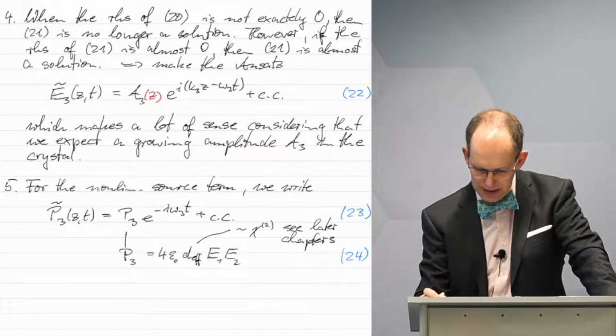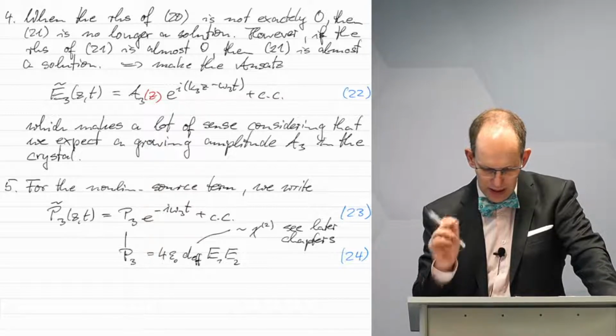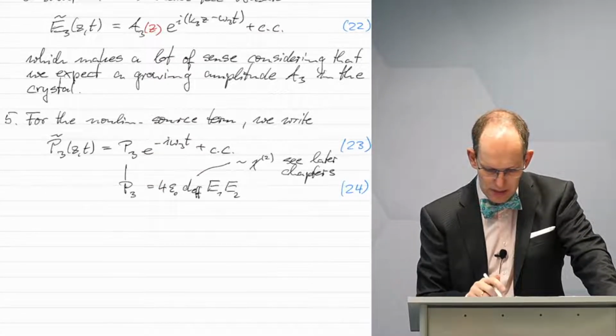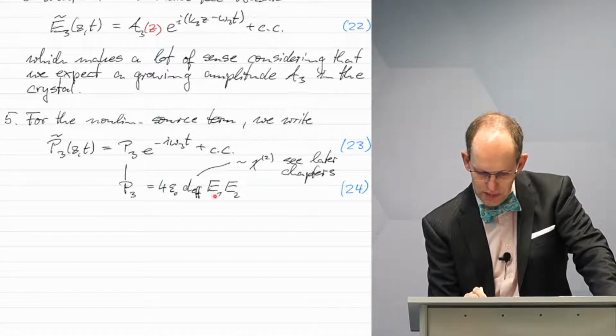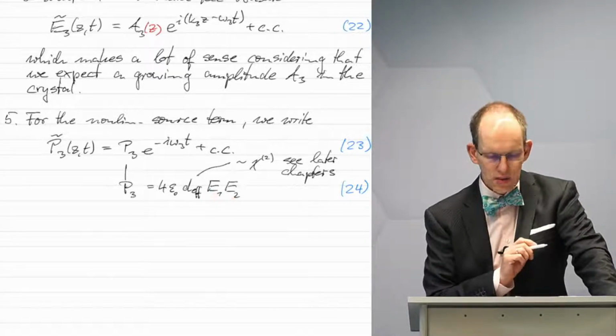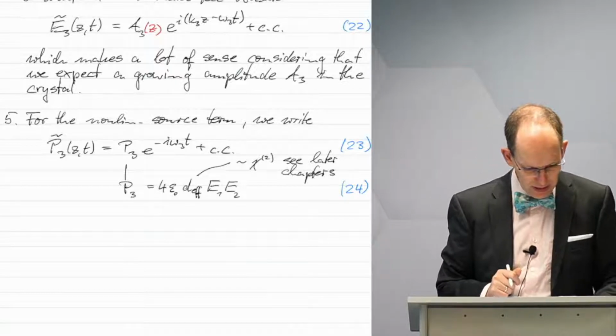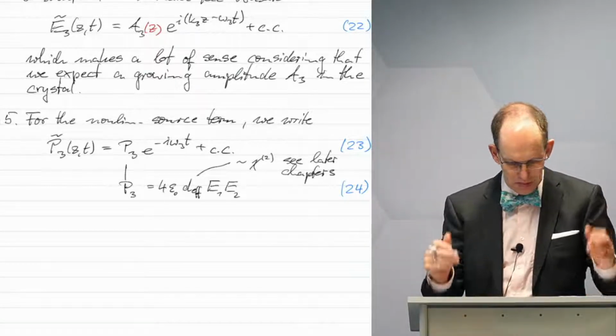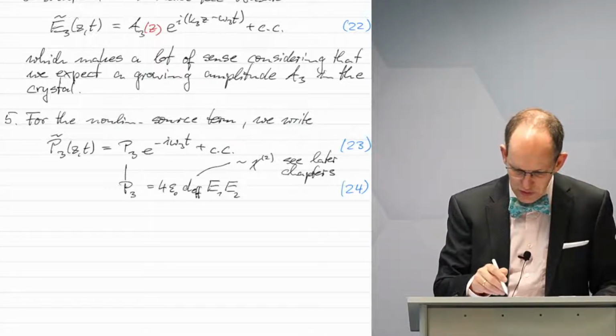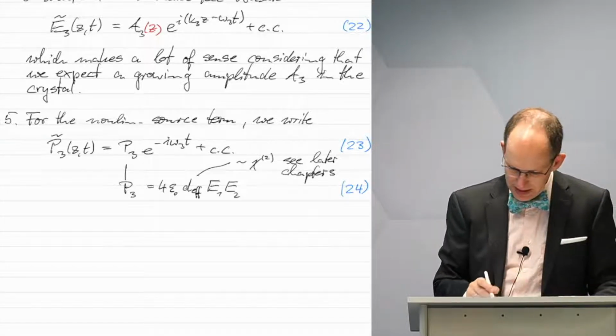And this is what I did here. Okay, now let's go on. Of course, we know that E1 and E2 are fields, and we just write the respective expression for that. So let me do that.